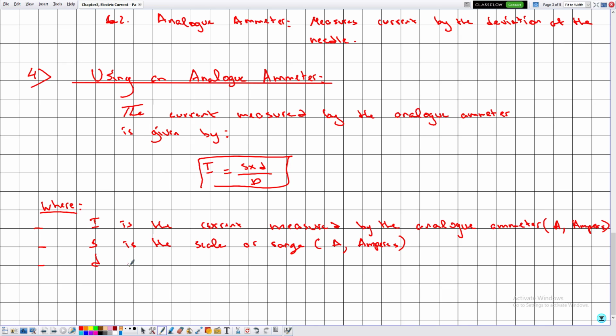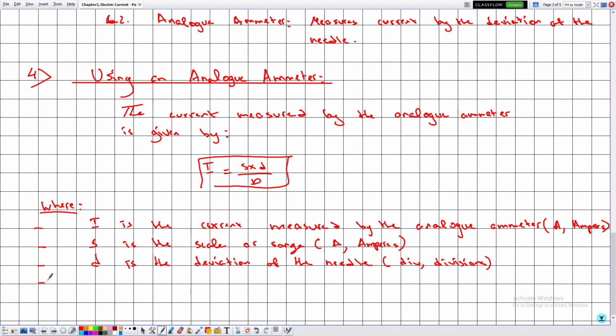Small d represents the deviation of the needle, in div, which stands for divisions.